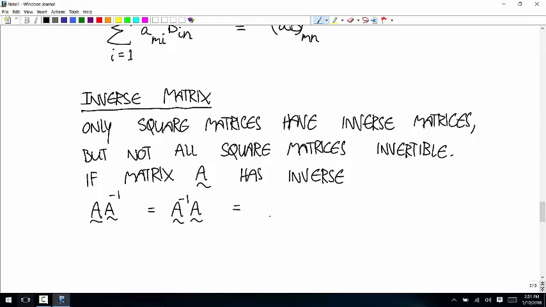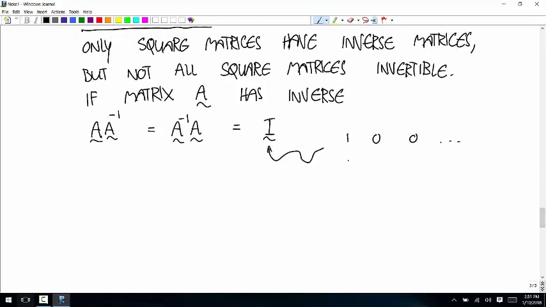And those are equal to what's called the identity matrix, where the identity matrix is 1, 0, 0, dot, dot, dot, 0, 1, 0, dot, dot, dot, with ones down the diagonal and zeros everywhere else. So that's called the identity matrix.